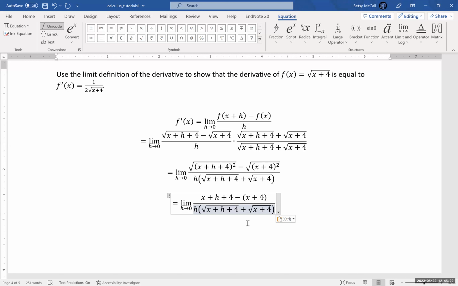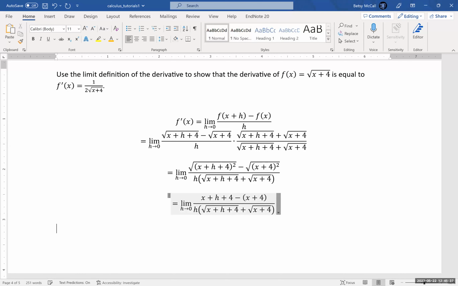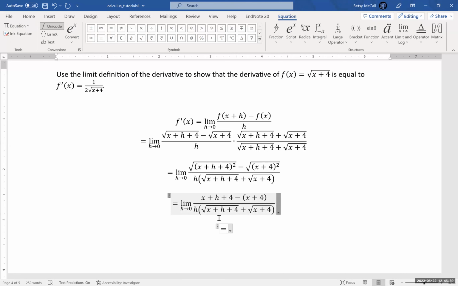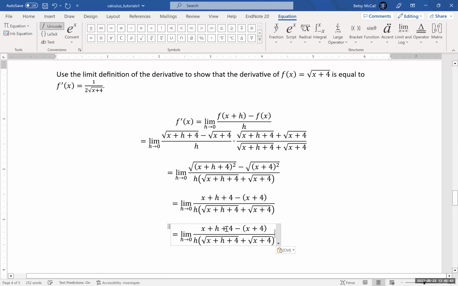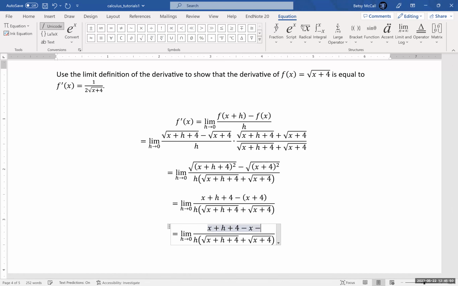Remember that every expression from the original term is going to have to cancel, and everything that's left is going to have to include an h. That still applies here to our numerator. And now what happens when we cancel? So we distribute the minus sign, minus x minus 4.